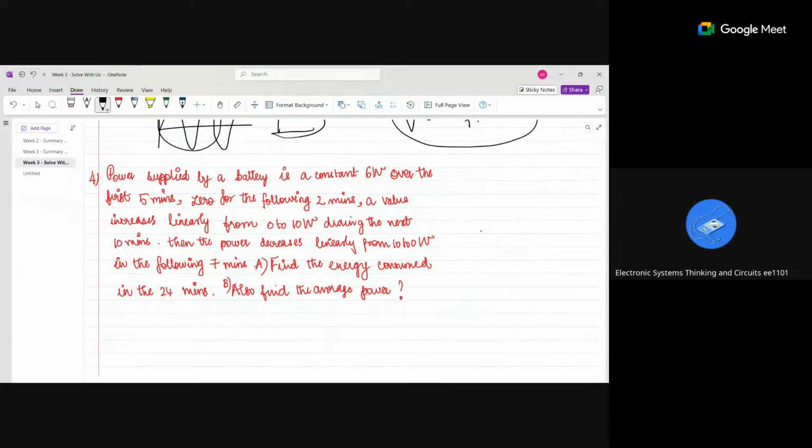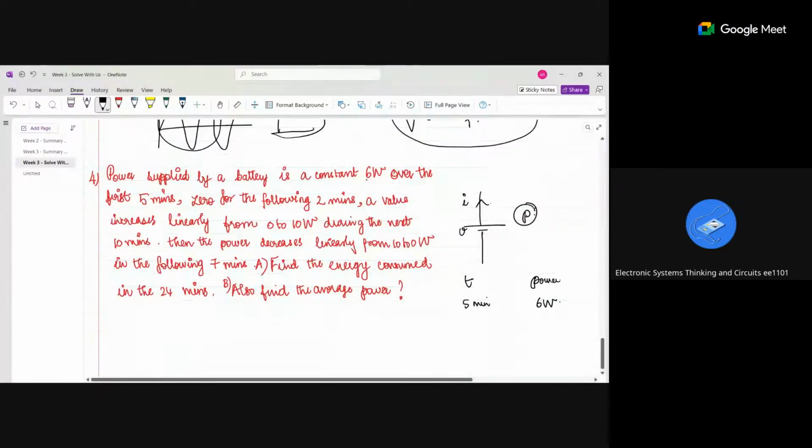There is a battery supplying some voltage and current, so it has some power. Time and power have been given, so I'll go in order. For 5 minutes, it is 6 watts.